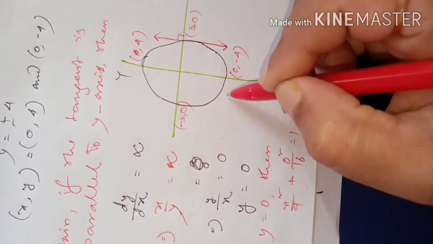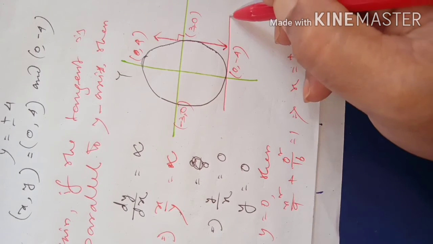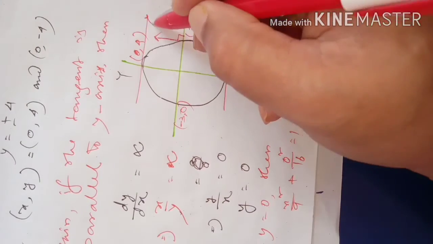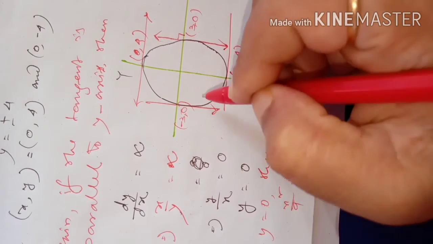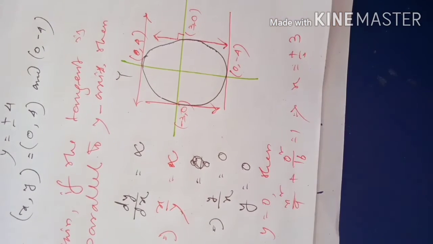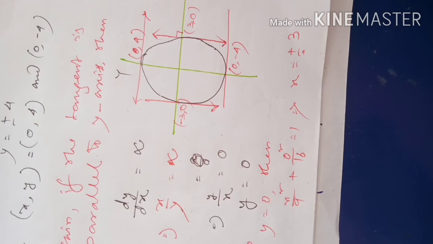Is it clear, students? So this is the line parallel to x-axis, this is another line parallel to x-axis, then this is one line parallel to y-axis, this is one line parallel to y-axis. So this is the situation here. So we will write now our last line.